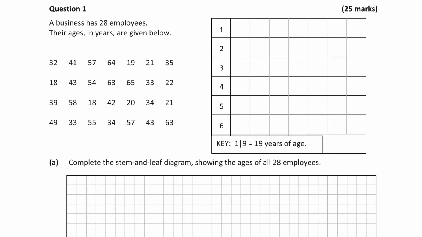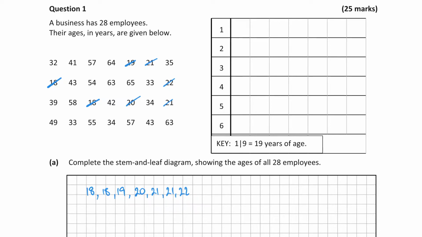We'll have 18, 18, and 19, so I'll put them in now. Then we'll have 20, 21, 21, and 22.